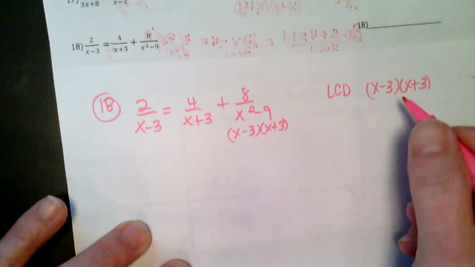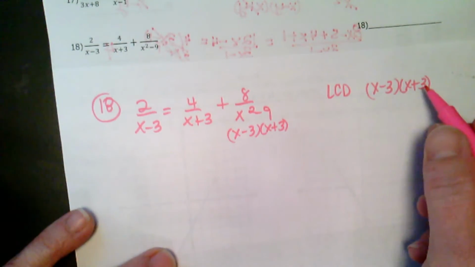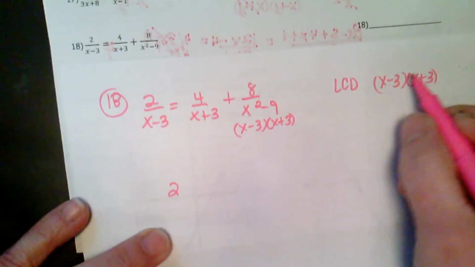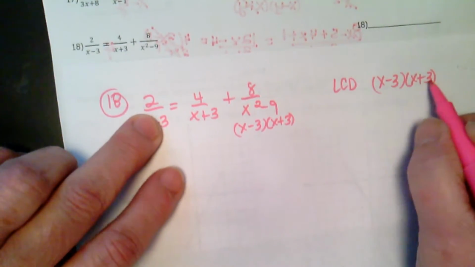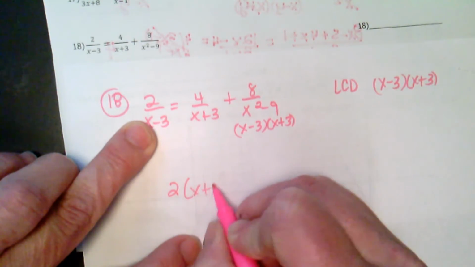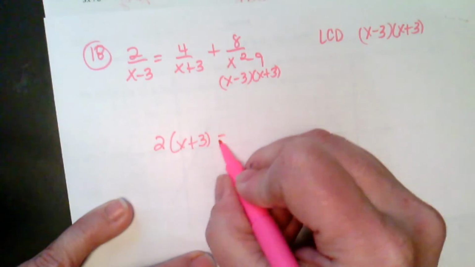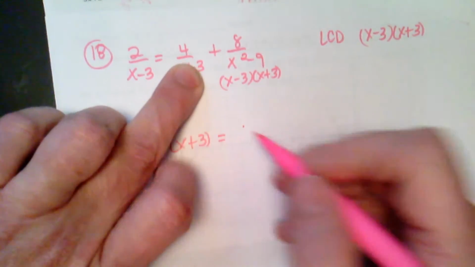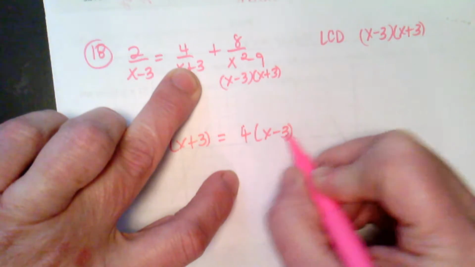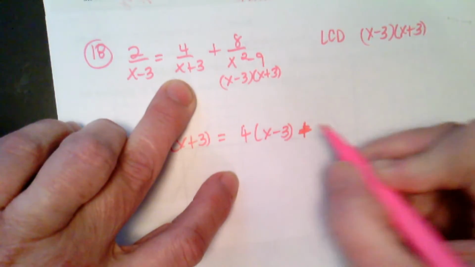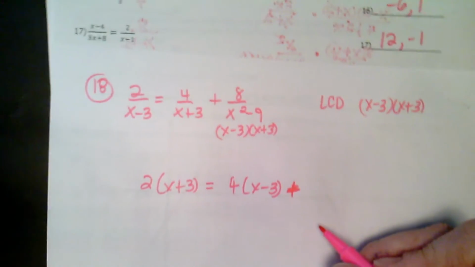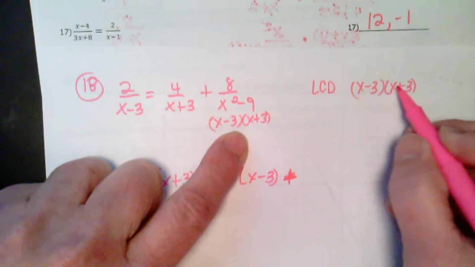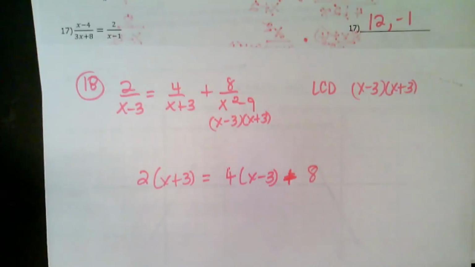Now you're multiplying everything by x minus 3 and x plus 3. So when you do that on your top one, the x minus 3's will cancel out and just leave your 2 and your x plus 3. Your second one, your x plus 3's will cancel out, and then you're left with 4 and x plus 3. Oops, that should be plus. And then our last term, we're going to multiply by this, so the bottom is going to completely cancel out, and we're just going to be left with 8.